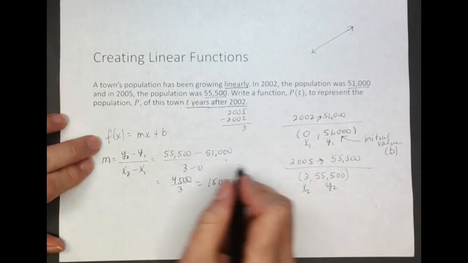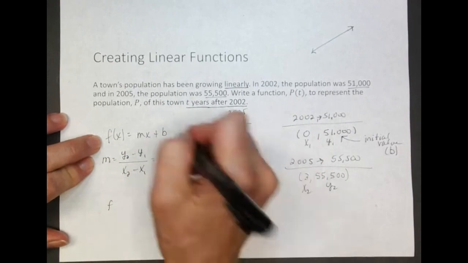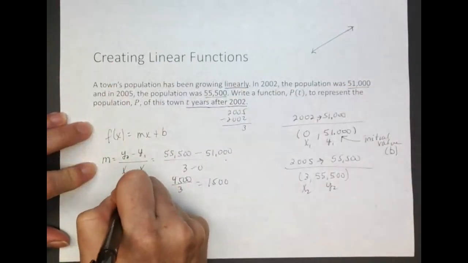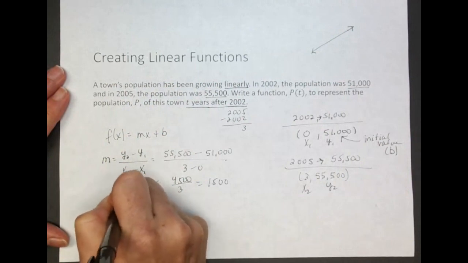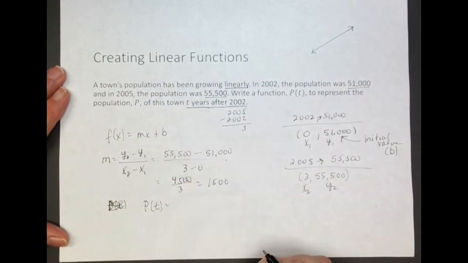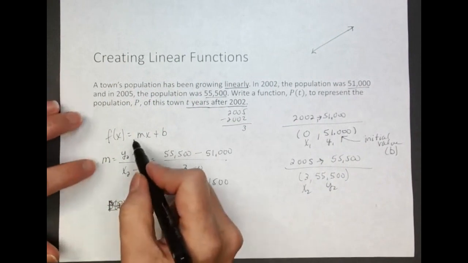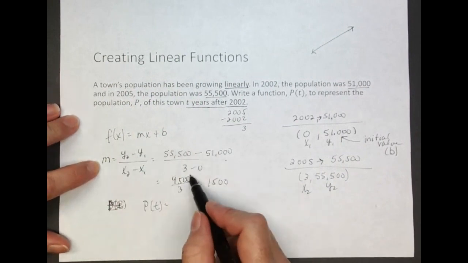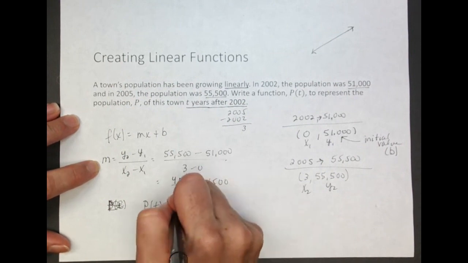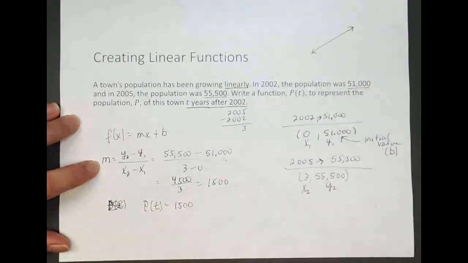Now I have everything I need to plug into my model. Function, I wrote f. It's P this time. We want P of t. P of t, let's try again. There we go. P of t is going to be equal to my slope, which I just found, 4,500 over 3, or simplified down to 1,500 over 1, or just 1,500 times the input.